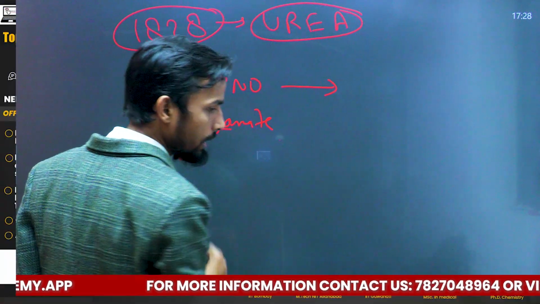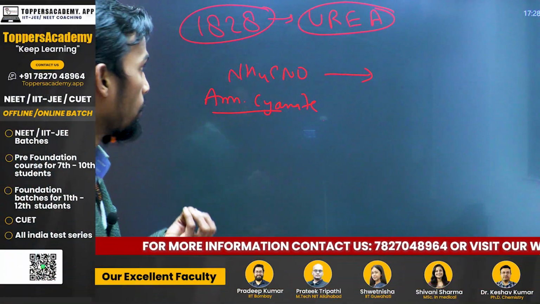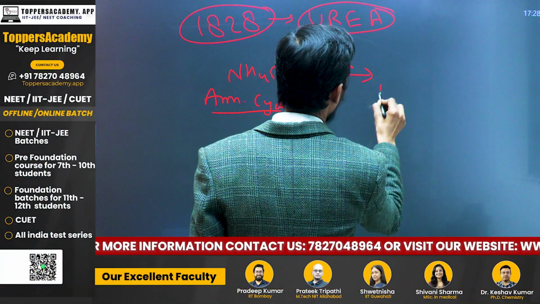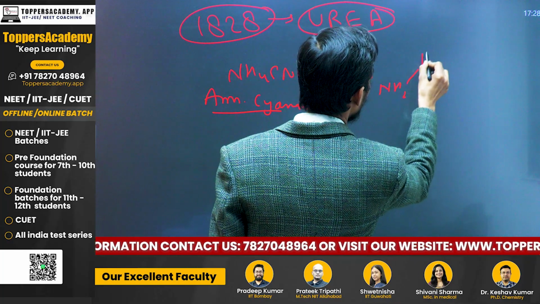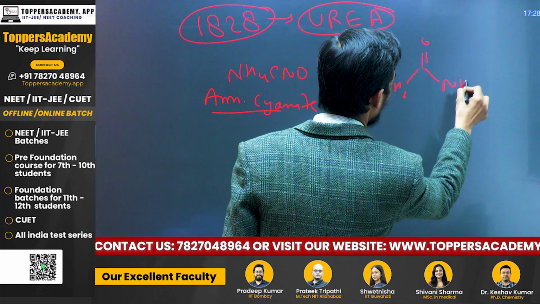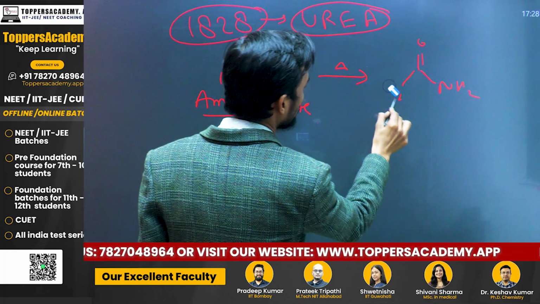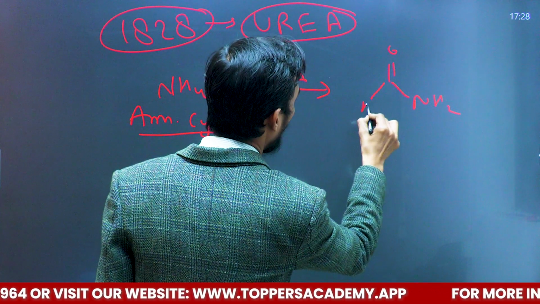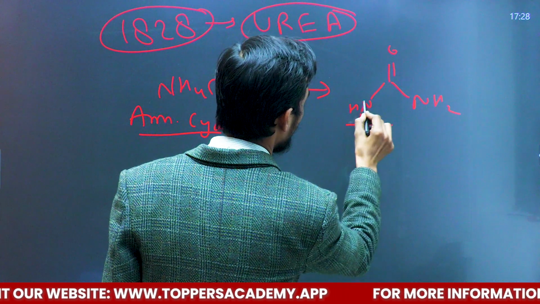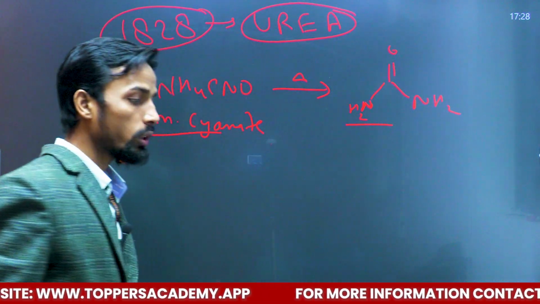When it was heated, it gives us urea, whose formula is NH2-C double bond O-NH2. It is quite better if we write it like this, because the bond is formed with nitrogen. So this is the history.